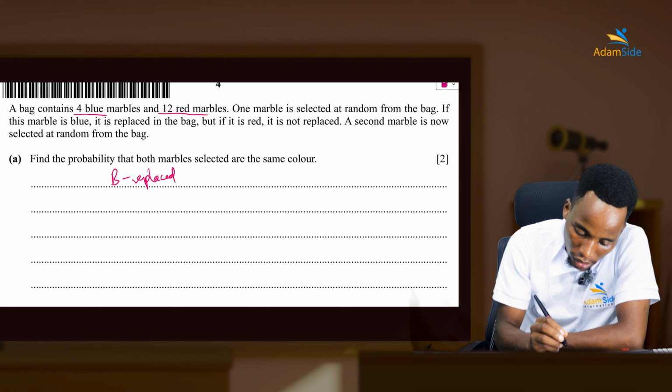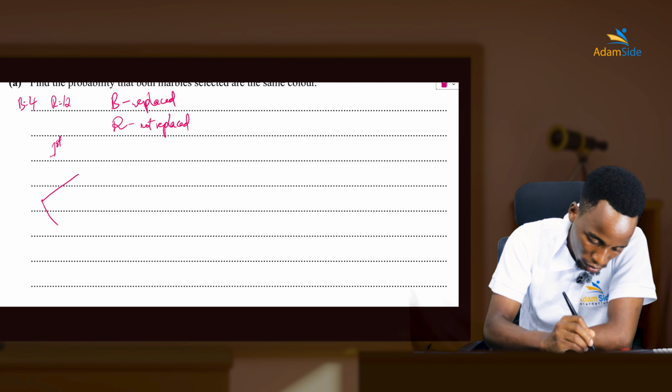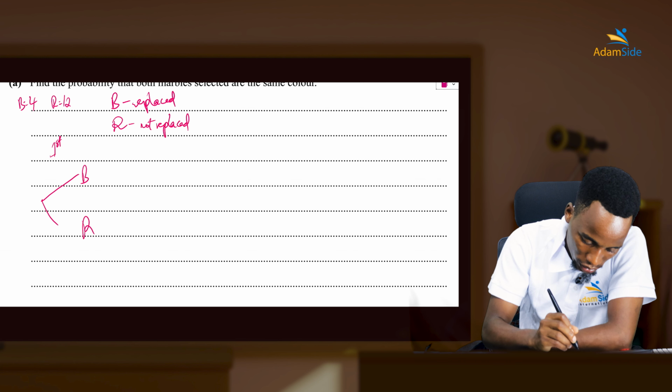So this will be nice if we use the tree diagram. So we know we have 4 blue and 12 red. So if we draw the tree diagram, this is for the first marble, which can be blue or red.